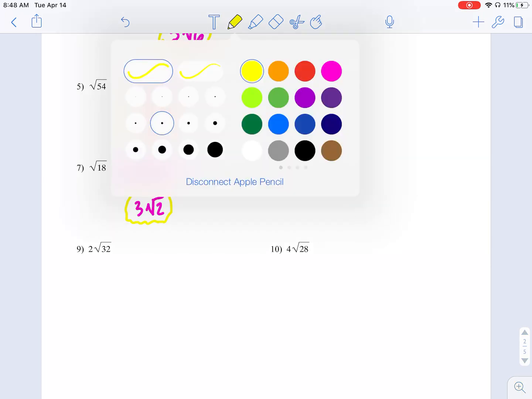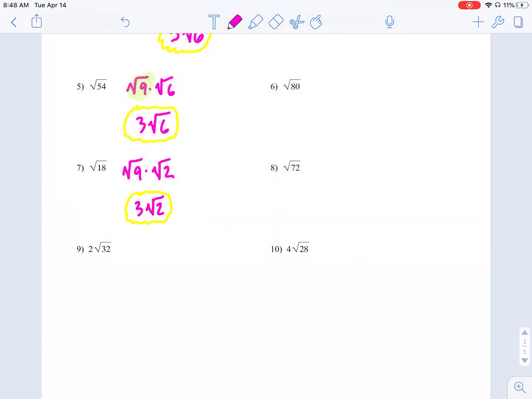And the last one's a little different. The last one has a 2 out in front already. So what do we do about that? Well, that just means multiply. So that's just 2 times whatever we break 32 into. I'm going to break it into 16 and 2 because that is the biggest perfect square that goes into it. So that will take me to my answer right away. Square root of 16 is 4, so that's 2 times 4, right?